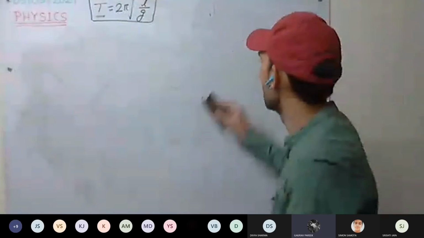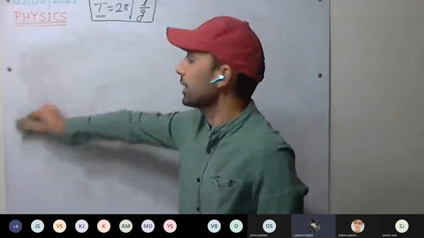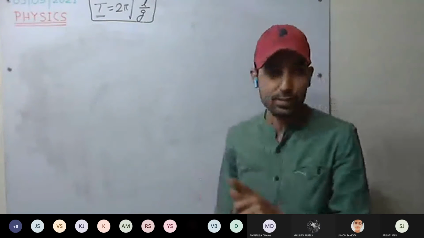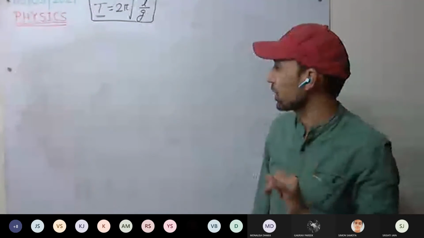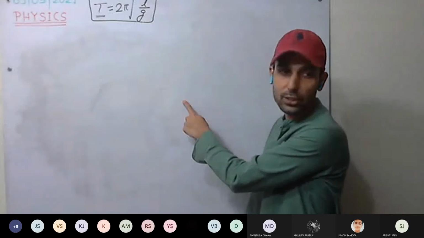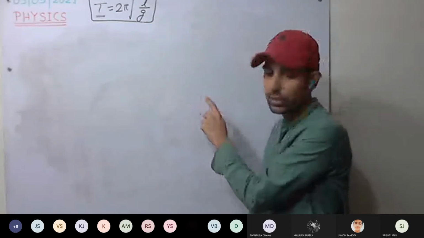Sir, why is the unit of acceleration meter per second square? Leave that for the time being. When we discuss speed and velocity, then we'll be discussing acceleration. For the time being, acceleration means rate of change of speed, or mainly rate of change of velocity.